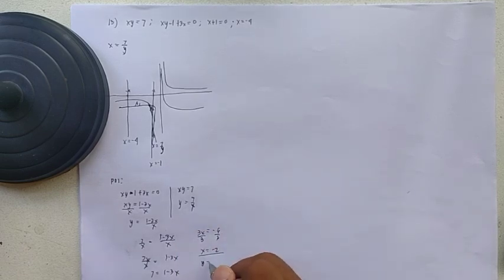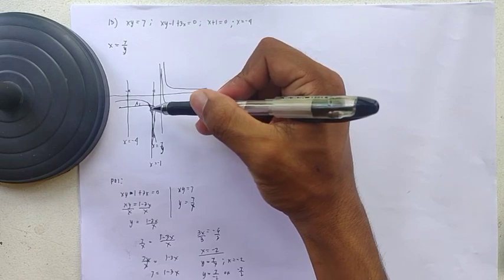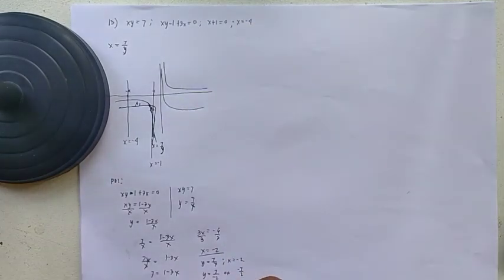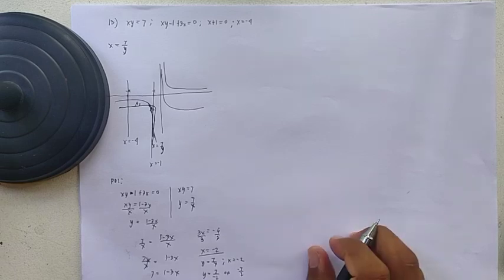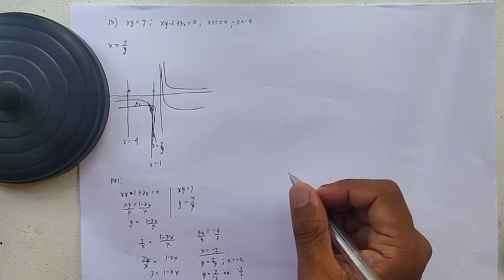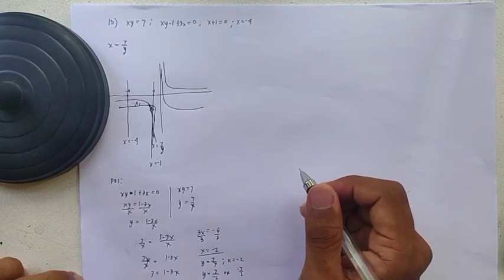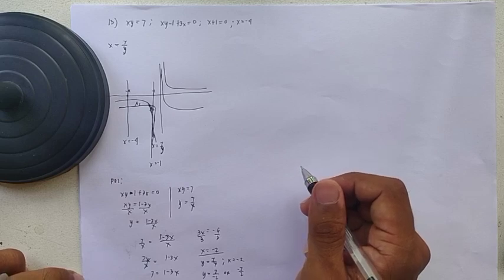So, y equals to 7 over x, where x equals to negative 2, y equals to 7 over negative 2, or negative 7 half. So, yung ordered pair natin para sa intersection points ay negative 2 and negative 7 half. Yung next naman na gagawin na natin is proceed na tayo sa pag-determine sa area.